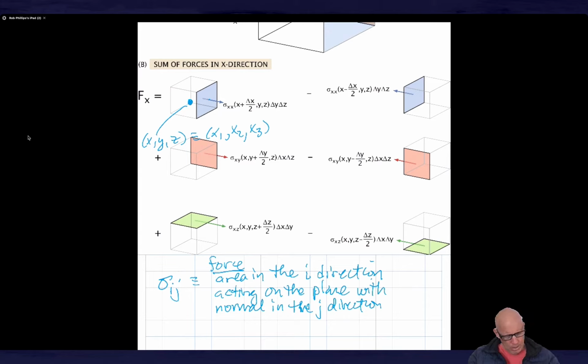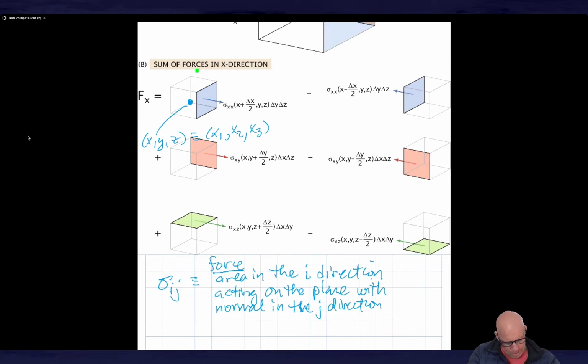This first one is saying, if I want to find the force on this face, how do I do it? I take the stress tensor in the x direction, on the face with normal in the x direction, so that's sigma xx or sigma 1,1. And I'm evaluating it at a position x plus delta x over 2.